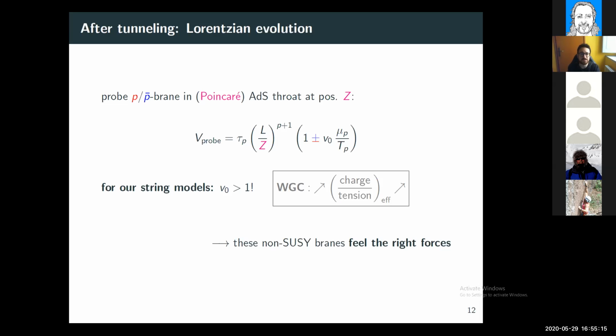You do the computation, you find this number, and this number is crucially larger than 1, and it appears as a sort of enhancement, a renormalization of the bare charge to tension ratio, which increases due to the interaction between these branes, which are supersymmetric by themselves, and the supersymmetry breaking ingredient in the background. So this is a very subtle manifestation of the weak gravity conjecture, if you will, and it's yet another encouraging hint.